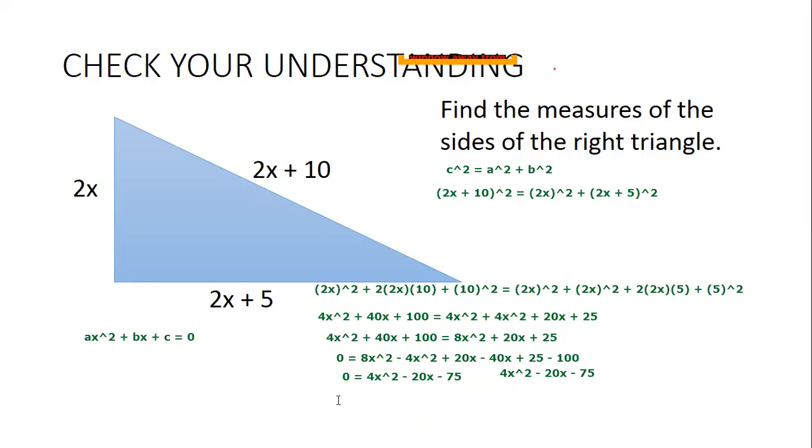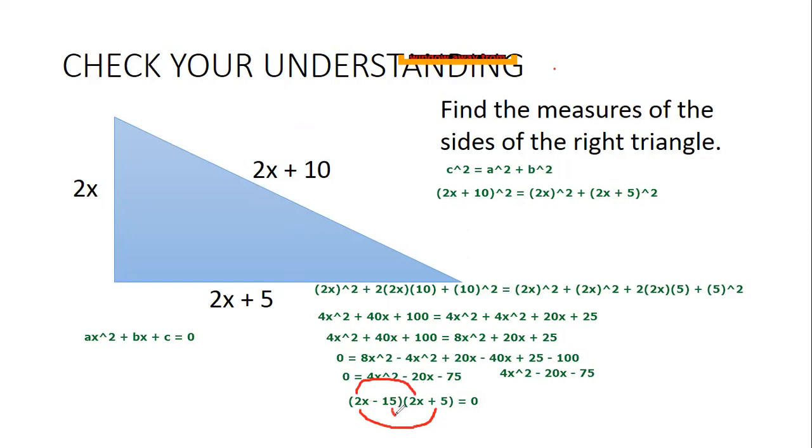Okay, so we will try 2x minus 15 and 2x plus 5 equal to 0. Let's try this one. 2x times 2x is 4x squared. 2x times positive 5 is positive 10x.